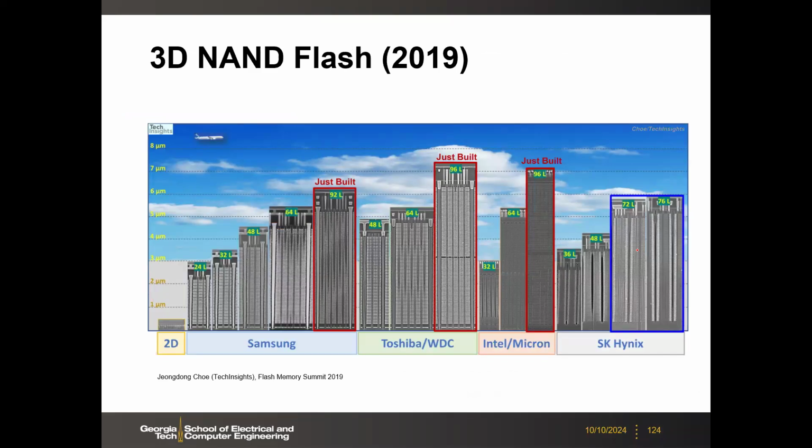So here, this became a race of building this skyscraper, like high buildings, high rise. All the companies just jumped into this competition, building higher and higher, more and more layers. Okay. This is at 2019, at that time, close to 100 layers. All the big players now can do that.